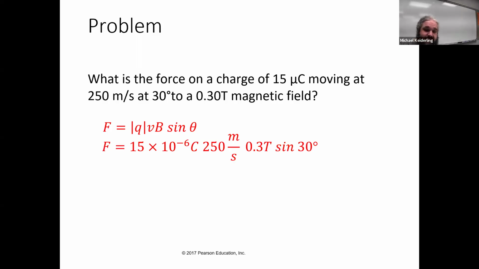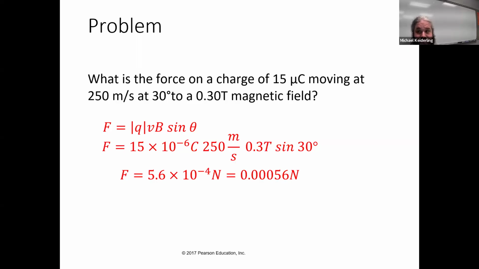So 15 times 10 to the minus 6 coulombs times 250 meters per second times 0.3 Tesla times the sine of 30 degrees comes out to 5.6 times 10 to the minus 4 newtons, or 0.0056.